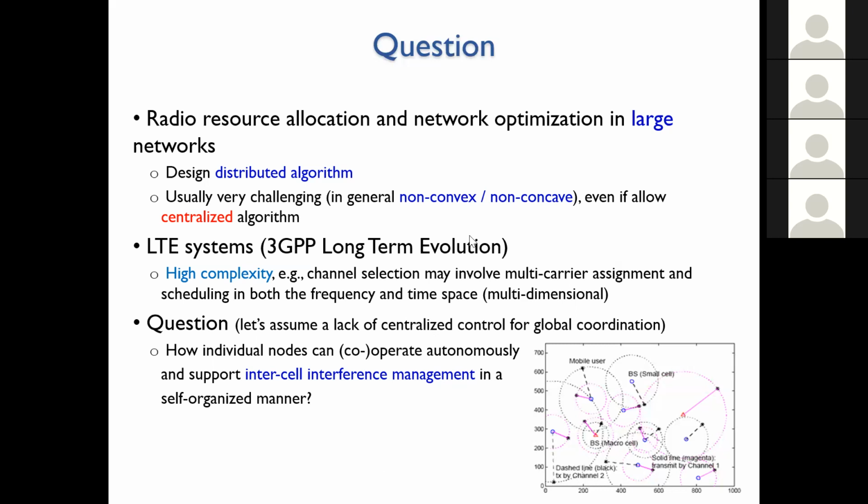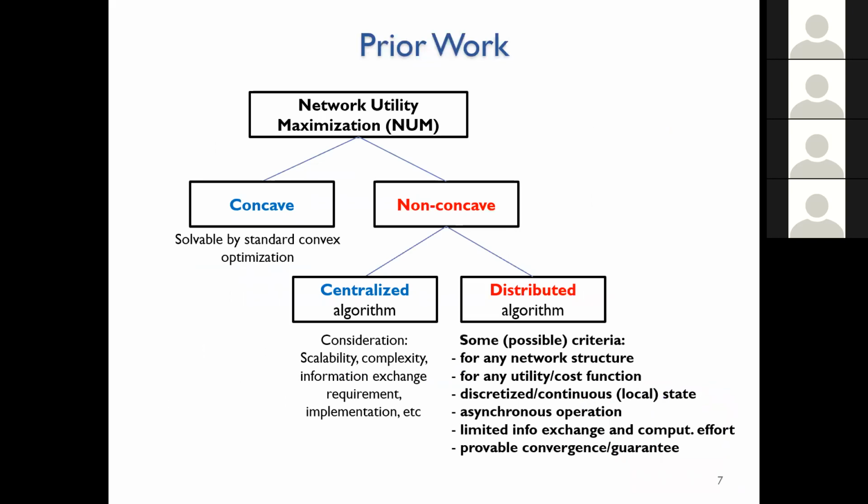So here is the literature. We know this category, the NUM, the network utility maximization problem. If it's convex, we know how to solve it with a gradient method. If it's non-convex, there are centralized or distributed approaches.